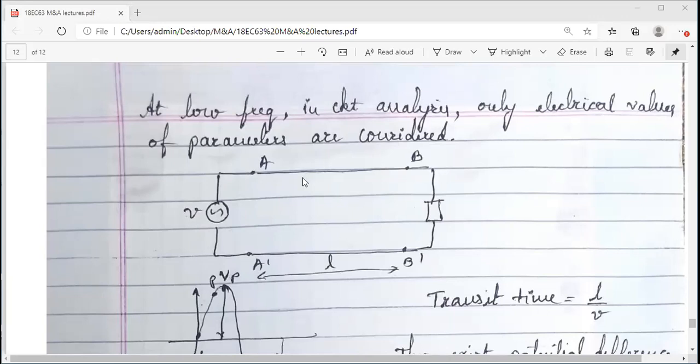Now in your laboratories, what frequency have you used? Can anybody tell me? The frequency used in your laboratories. Anybody, if you remember?